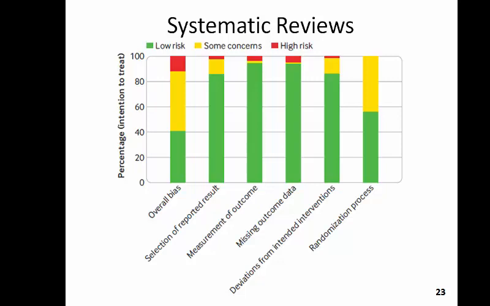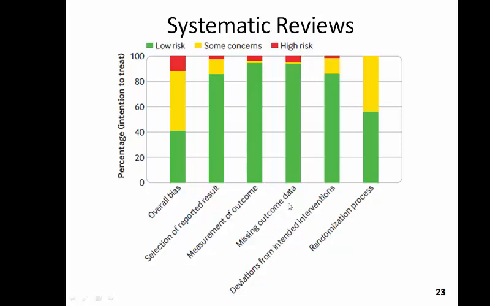On this graph here, which is a graph that oftentimes in systematic reviews can be used to address the quality of different studies, we see on the x-axis a range of different factors that can be used to address the quality of an original investigation. We look at the randomization process, any deviations from the intended interventions.